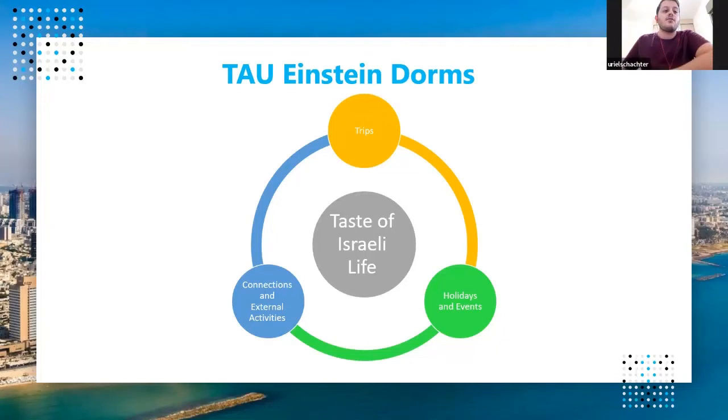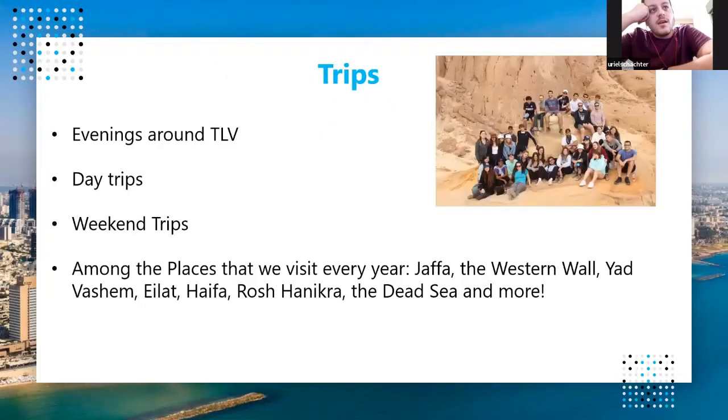If a student comes to us and asks, where can I find a good place to dance? I will refer him to Guy, who is an excellent dancer, and he will refer you to the best places in Tel Aviv to go dance. And I think it's a very crucial part of our job. So I'll go very quickly over each of these three elements.